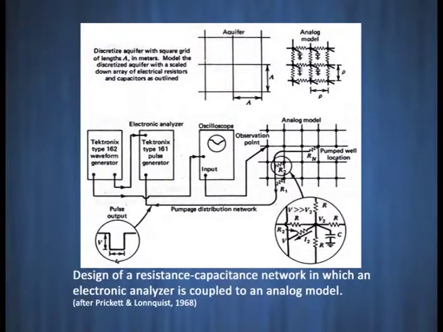In the discrete system, there is an electric elements network. These are the resistance capacitor network, and another is the resistance network only.